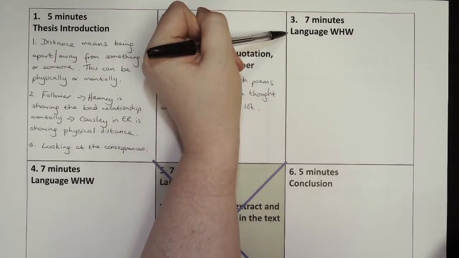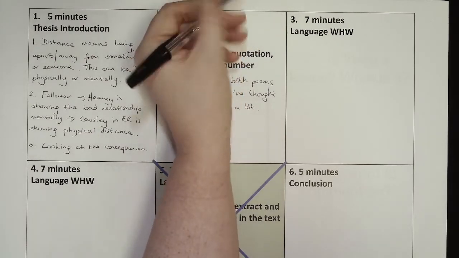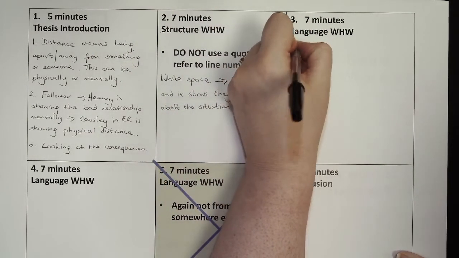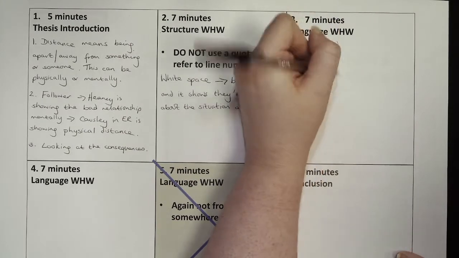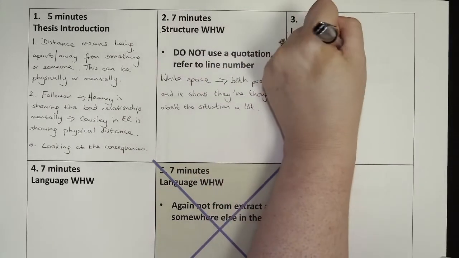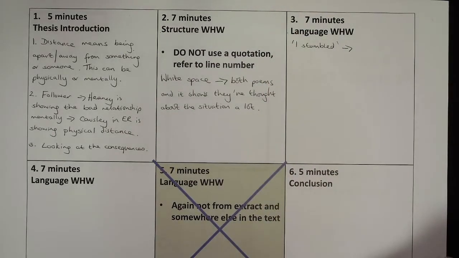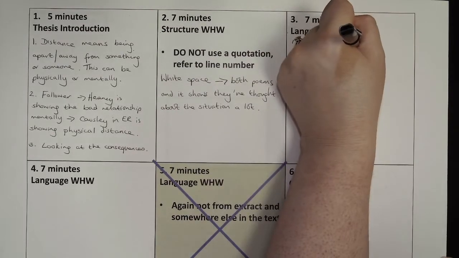Okay, I'm now going to do my language planning, my first language paragraph. I've chosen a quotation from Follower, which is, I stumbled. For me, stumbling is quite important. He's not being supported.